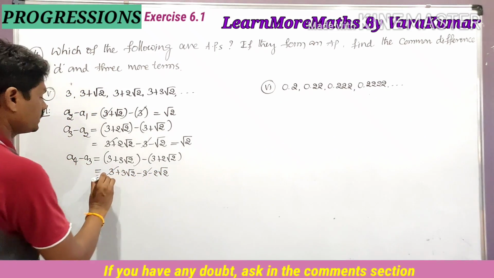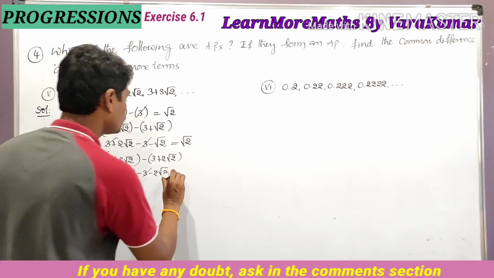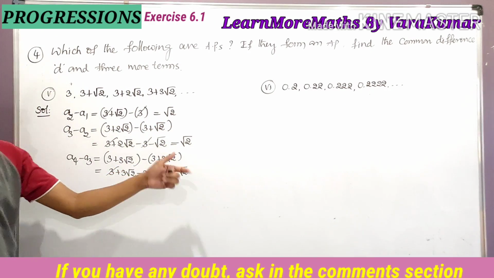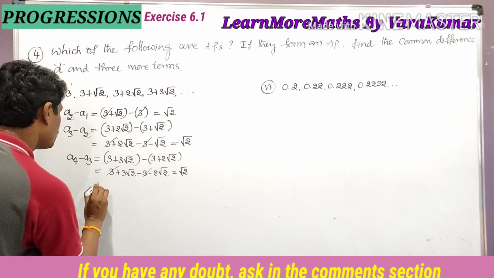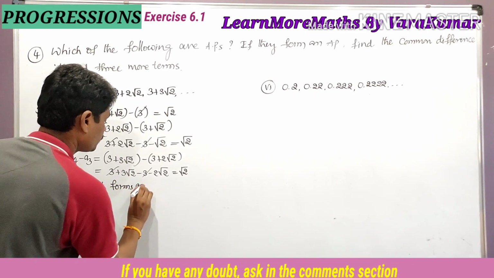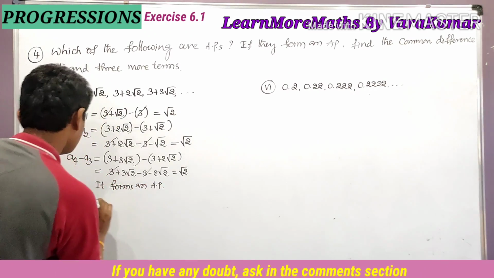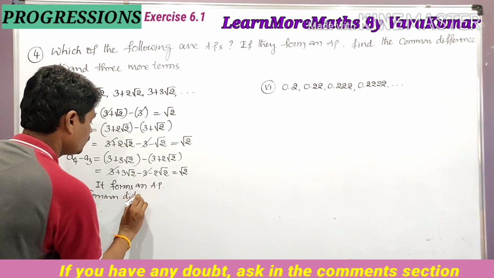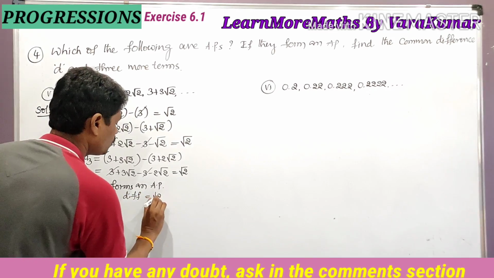So plus 3 minus 3 gets cancelled. 3 root 2 minus 2 root 2 is root 2 again. So in all the successive terms the common difference is the same. Therefore it forms an AP. So what is the common difference, student? Common difference is equal to root 2.